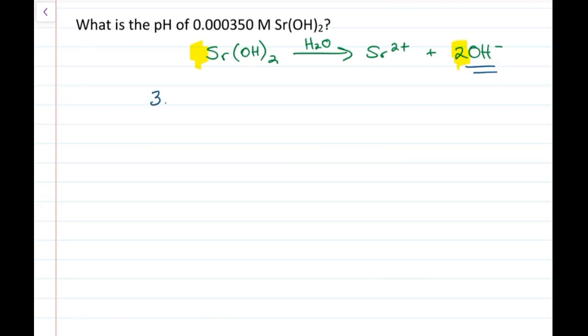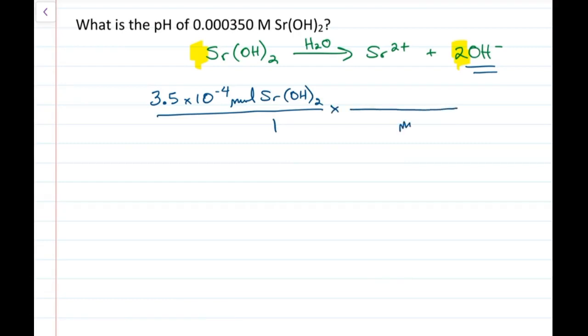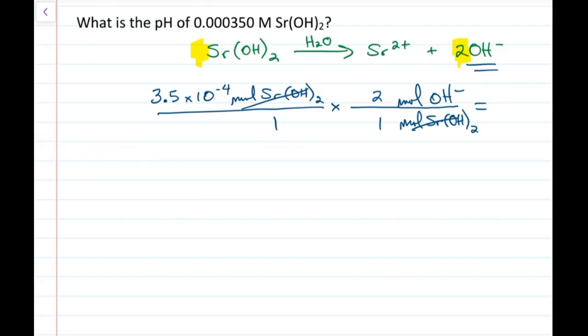So if I have, I'm going to change this to scientific here, 3.5 times 10 to the negative 4 moles of strontium hydroxide, the first thing I want to do is convert that to moles of hydroxide. Again, because I can't take it to hydronium because there's no hydronium in the balanced equation, but there is hydroxide. So there's 2 moles of hydroxide for every 1 mole of strontium hydroxide, which means that I now have 7 times 10 to the negative 4 molar hydroxide.